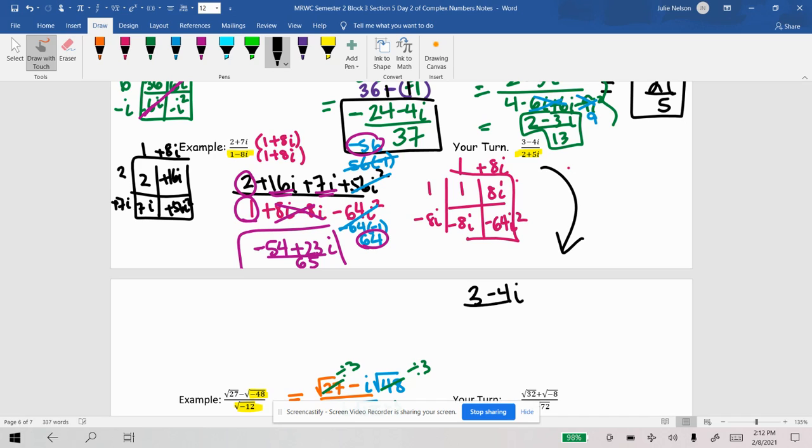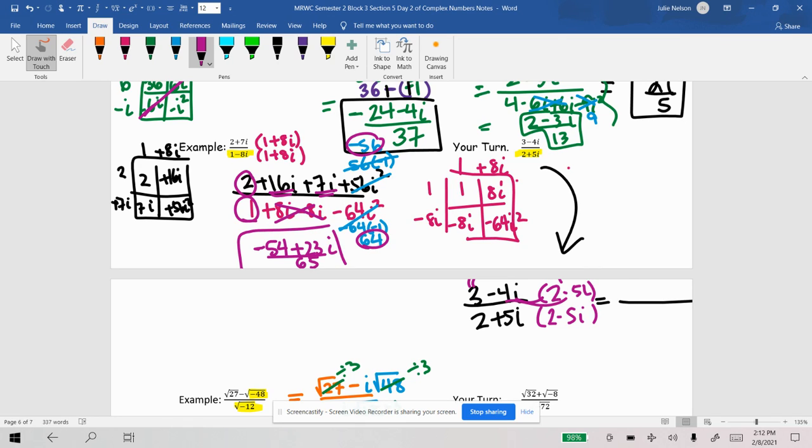So 3 minus 4i over 2 plus 5i. So the complex conjugate of 2 plus 5i is 2 minus 5i. And when I do that, again, 2 things times 2 things is 4 things. You could either do the box method or do FOIL. I'm going to go ahead and do FOIL here.